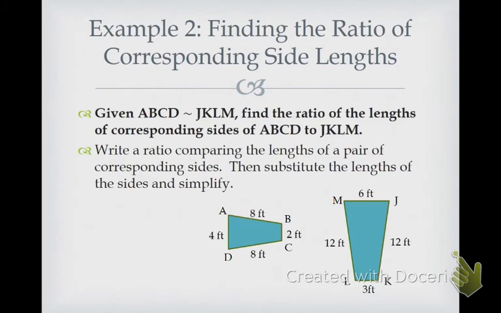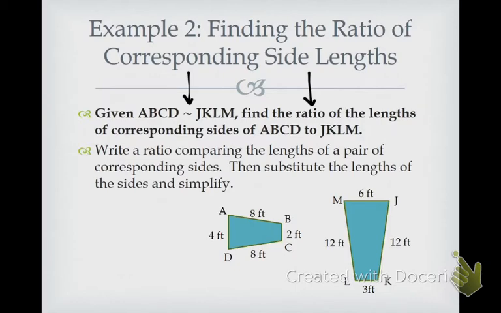Okay, so now I'm going to put values to each one of these side lengths, okay? It says, given that ABCD is, what is that sign? What does that sign mean? Similar to JKLM, find the, well, there's a word we recognize, ratio of the lengths of the corresponding sides.